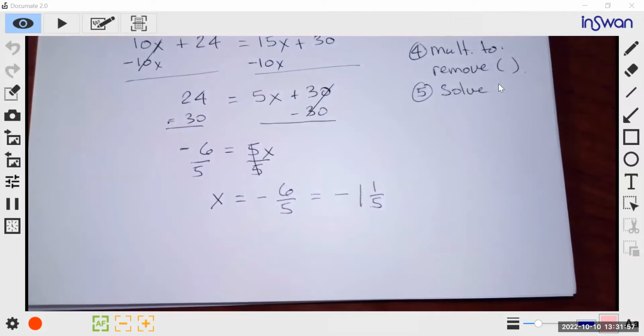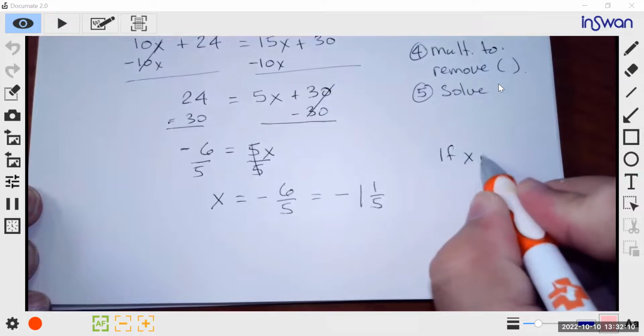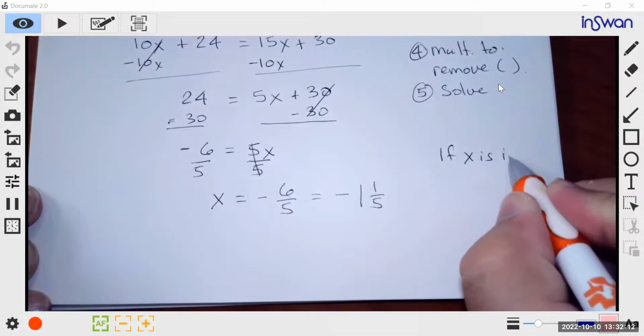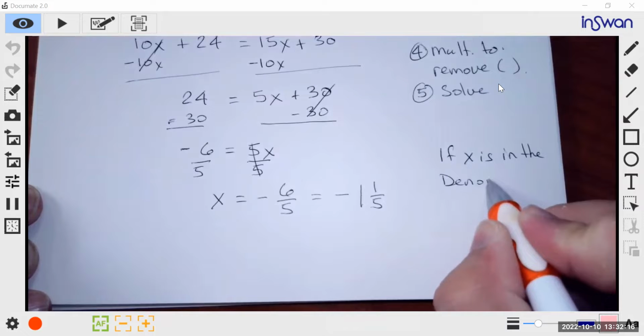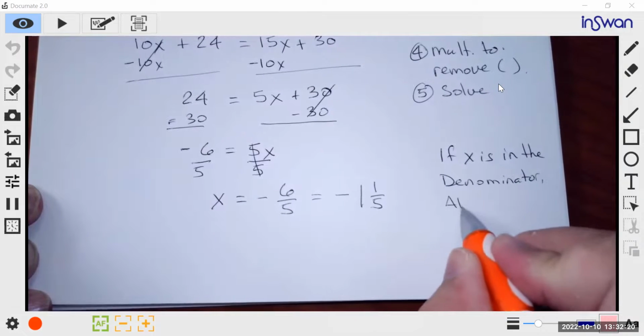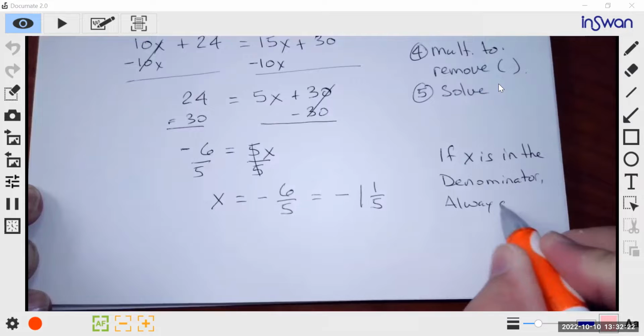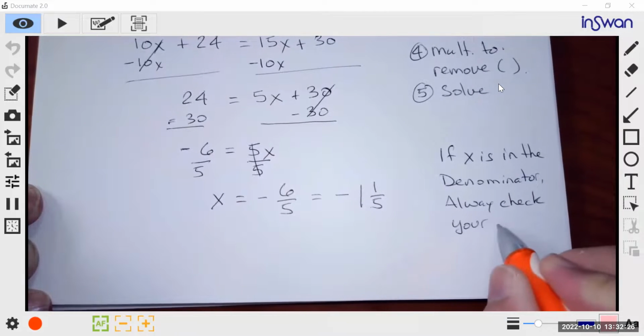That's an improper fraction. And then get used to, if x is in the denominator, always check your answers.